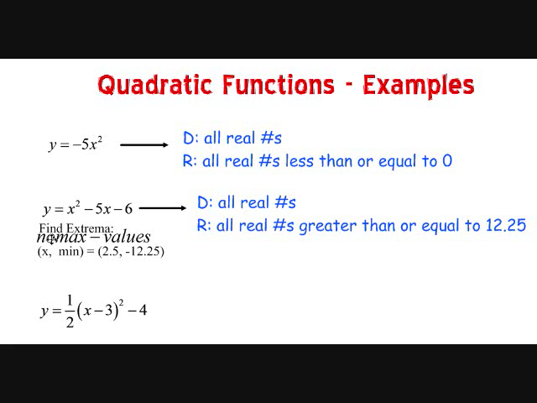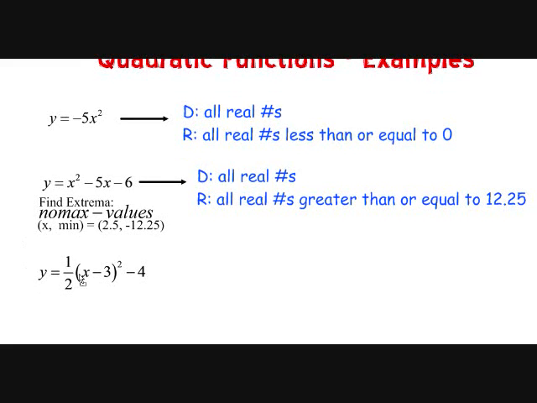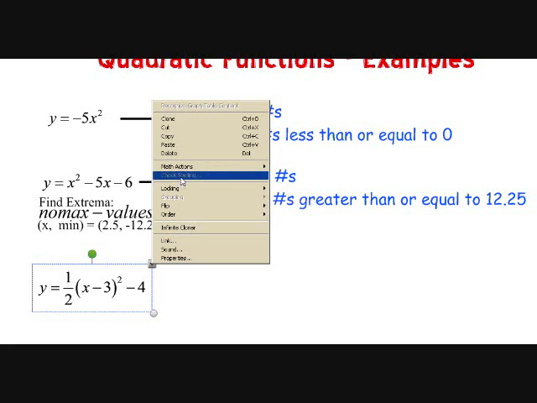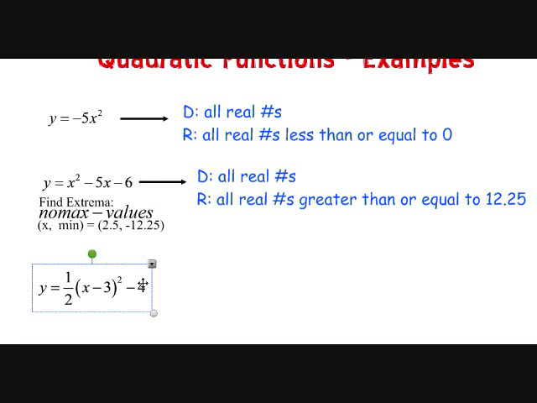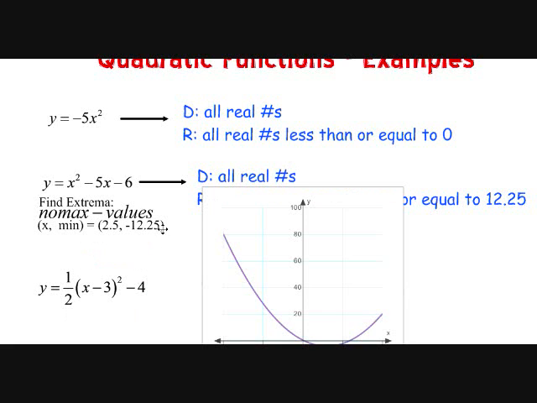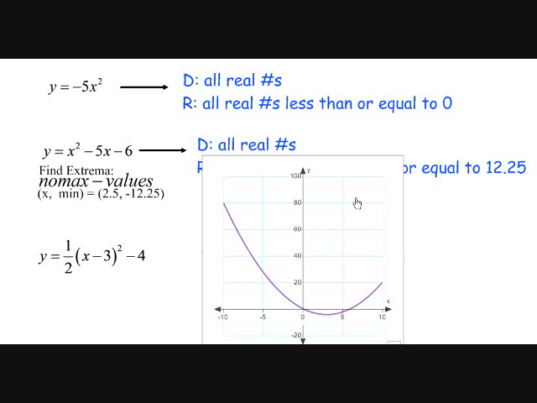And then finally, a different format. It doesn't really matter that it's in a different format. Vertex form. And let's look at the graph. Vertex form actually will be a lot easier for us because the vertex is the key to finding domain and range with our quadratic functions.